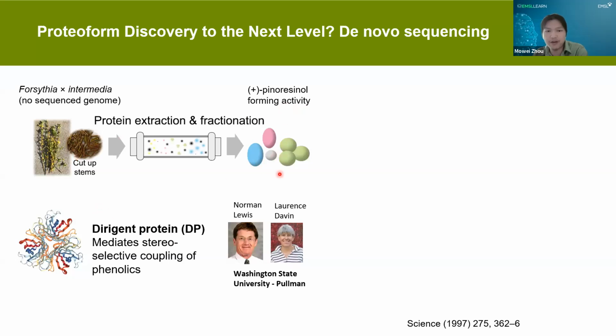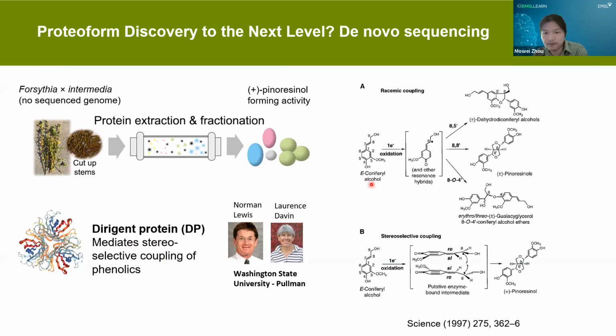Then they identified this family of proteins and named them dirigent proteins, a whole family that mediates stereoselective coupling of phenolic compounds. This specific dirigent protein, DP, can mediate the coupling of E-coniferyl alcohol to (+)-pinoresinol in a very stereoselective manner.